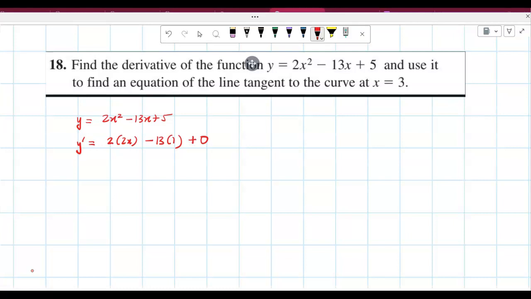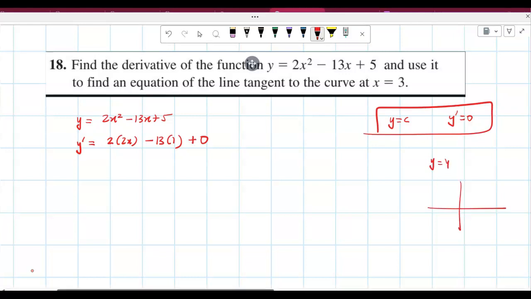Don't forget that. If your y is constant, the derivative of a constant is 0. Any number, obviously, because if I give you a line y equal to 4, then 5 into 0. So the derivative of a constant is 0. Don't forget that. Therefore y dash is 4x minus 13.